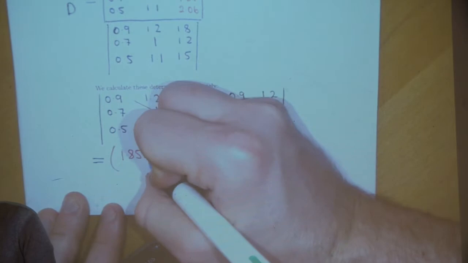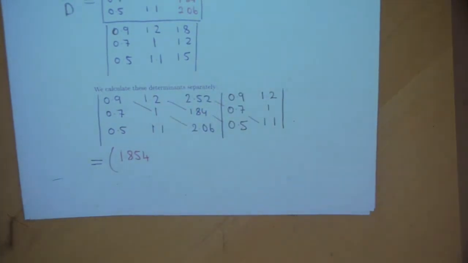If you don't divide these numbers by 10 or 100, this would be like 1.8 million or something. It's just annoying.